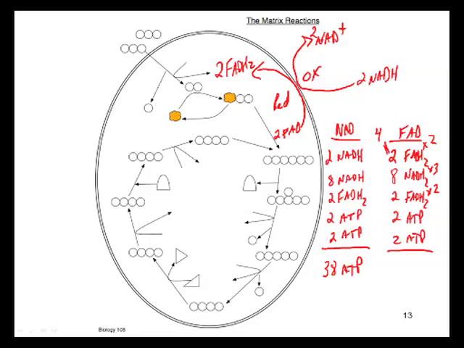So we get 4 ATP from these 2 FADH2s, 24 ATP from these, 4 ATP from these here, and when we add all this up, it should be 36.